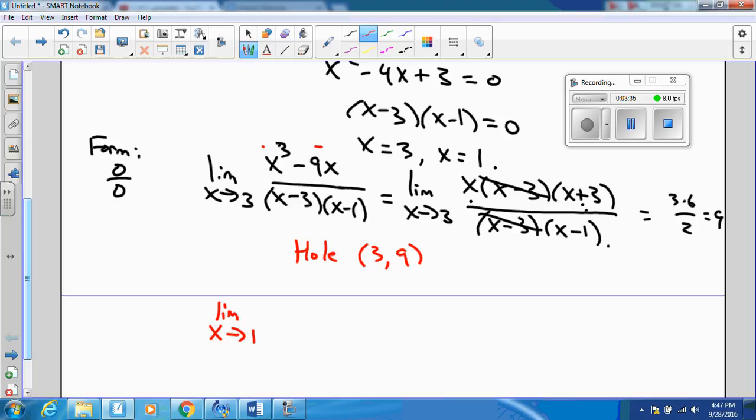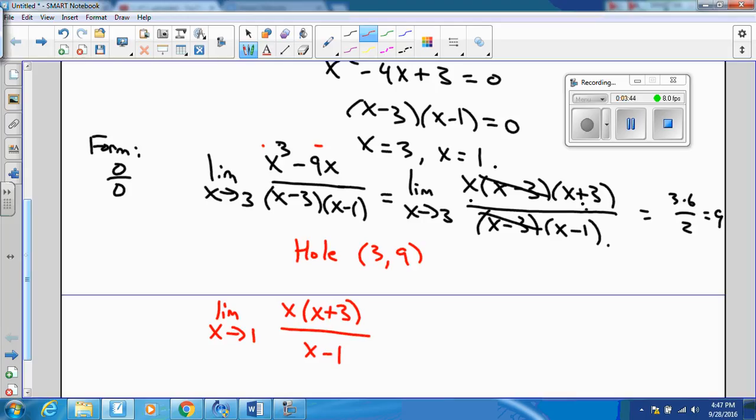If I now consider the limit as x goes to 1, using my reduced fraction in place of g of x, then I can quickly see that the form of my limit is 4 over 0, indicating that I have an infinite limit. So I do the analysis: as x goes to 1 from the left, as x goes to 1 from the right.